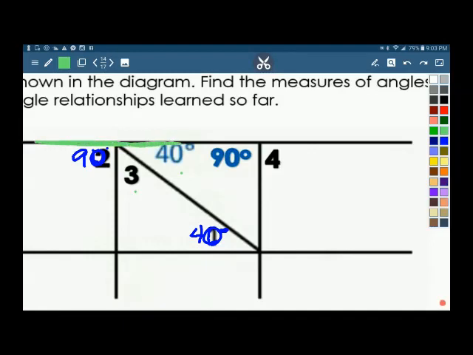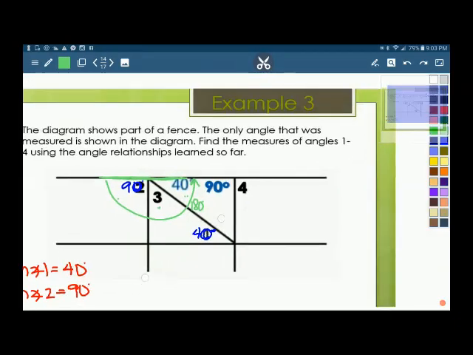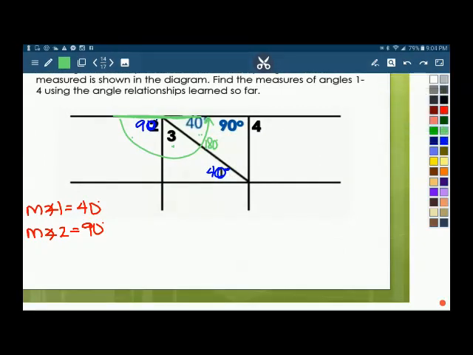So I can say that this 90-degree angle plus this 40-degree angle plus angle 3 should all equal 180 degrees together. Okay, so I can set up a little equation to solve for the measure of angle 3. So I have 90 degrees plus 40 degrees plus the measure of angle 3 is equal to 180.